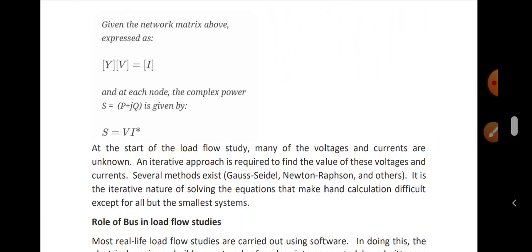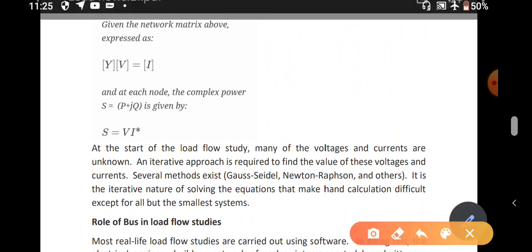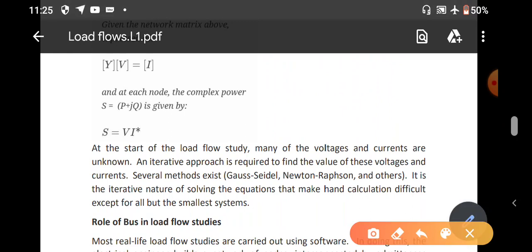Here you can also see that power, S, is the complex power, and that is equal to V into I complex conjugate. Rather than taking S equal to VI, we are using for complex power S equal to V into complex conjugate of I, which is very important.